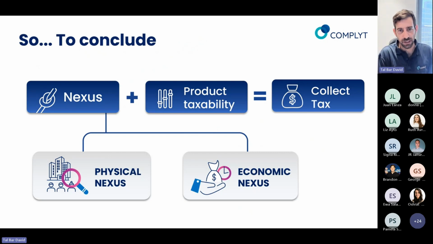If not, then I don't really care about sales tax anymore because I don't have nexus. But if I do have nexus, then I need to ask myself what is the taxability of my products, whether they are subject to tax or not. And if yes, to collect the tax, we need to calculate the rate based on the specific address.